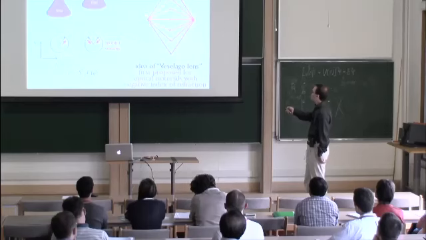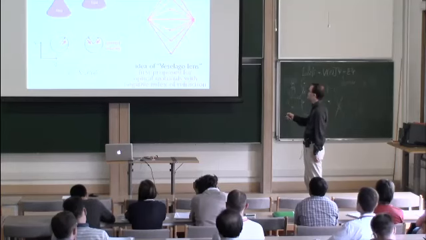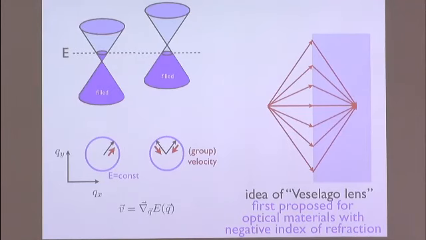Now, not only do I have this strong deflection of the beam, but I can also look at what happens if I have other incident directions. For example, if I construct a situation like shown here, where I have a source of electrons all emanating in different directions, radially outward, what happens to them once they hit the interface?